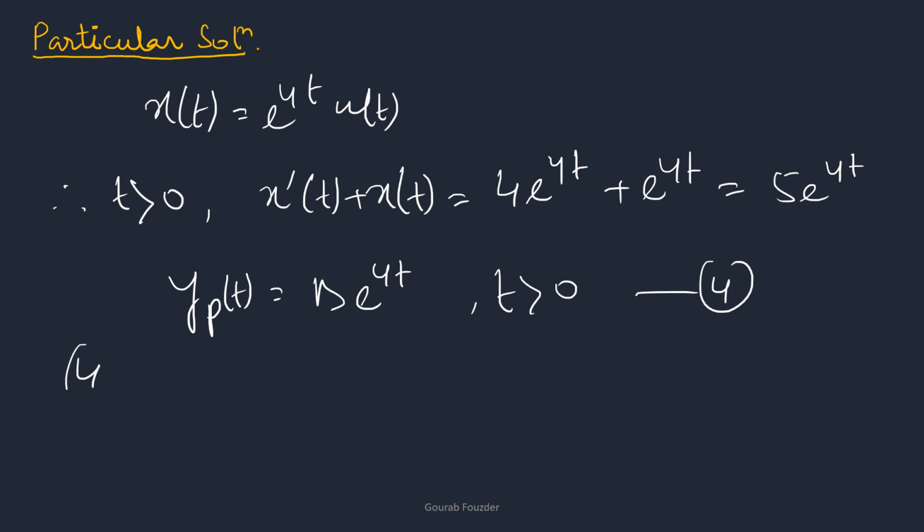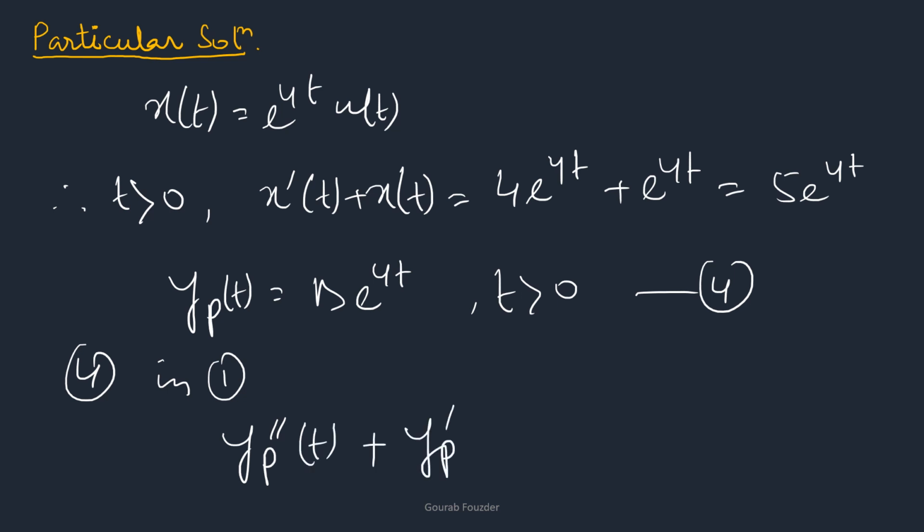So now put equation 4 in equation 1, and we have yp double prime t plus yp prime t minus 6 yp(t) is equal to x prime t plus x(t).